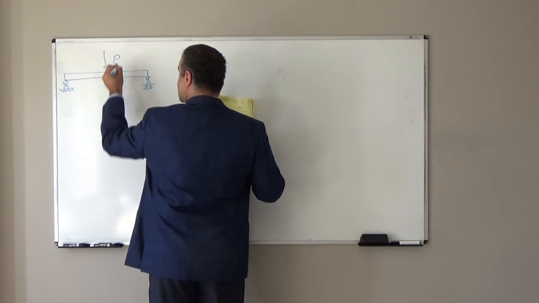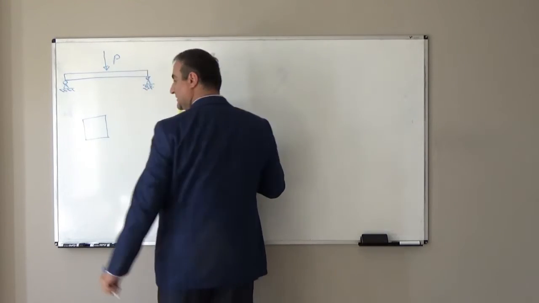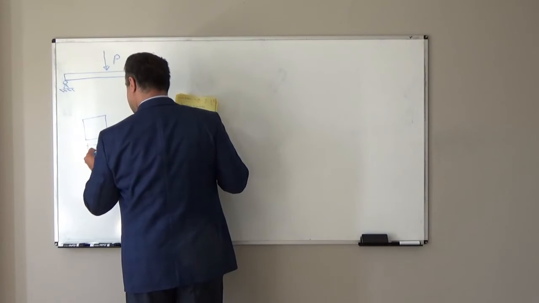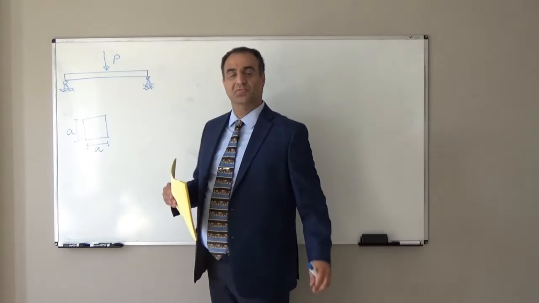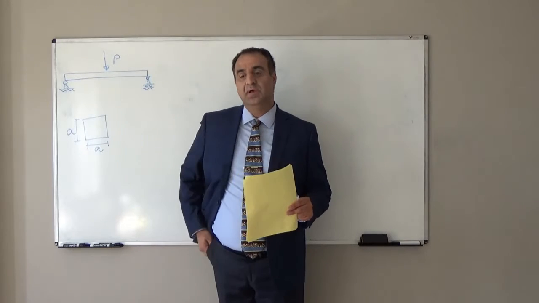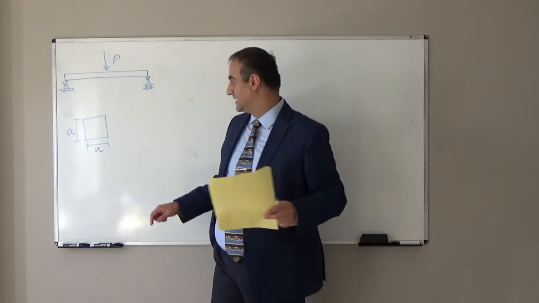The cross-section for this beam is a square shape, where each side is A. So we bought a lumber that is square shaped, and each side is, for example, 2 inch by 2 inch. It is A, I assume.